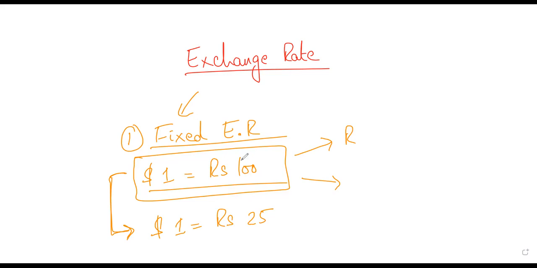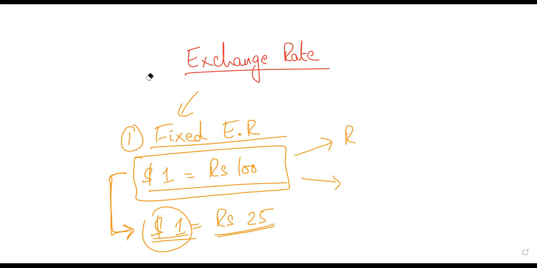Okay, that should be obvious because now each dollar is buying fewer rupees. It is the rupee that became stronger and it's the dollar that became weaker. Are you guys getting me or not? Is it making sense? That's very important, to be very clear on the basics.